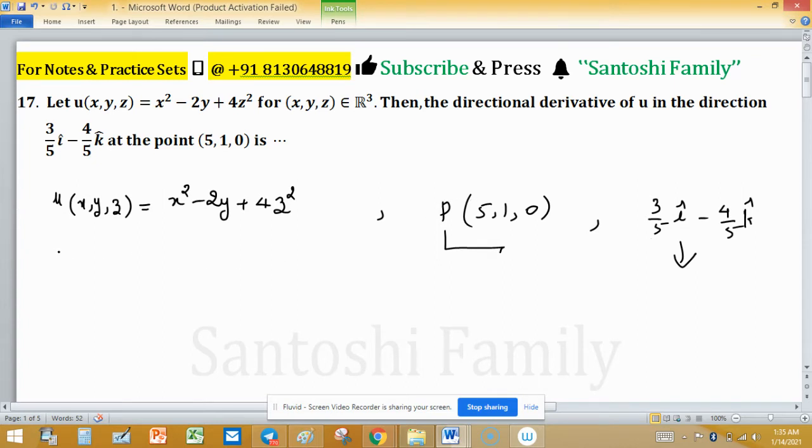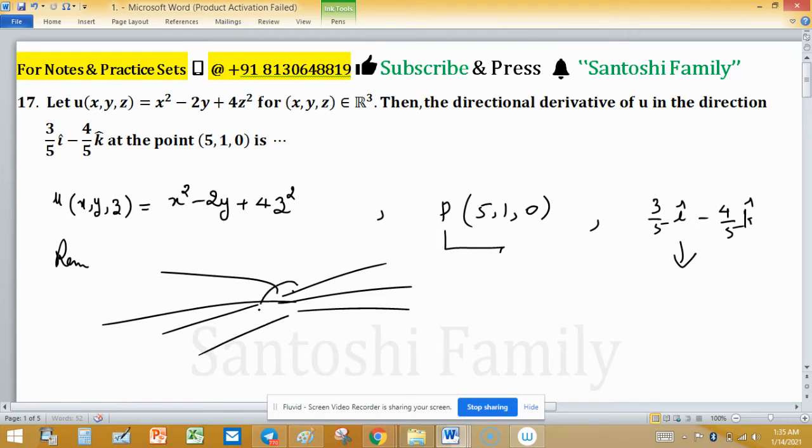Also we have to remember one point. If all directional derivatives exist at a point, then it is not necessary that the function is continuous at that point. All directional derivatives may exist but the function may not be continuous. This property is very important whenever we are dealing with MCQ type problems.